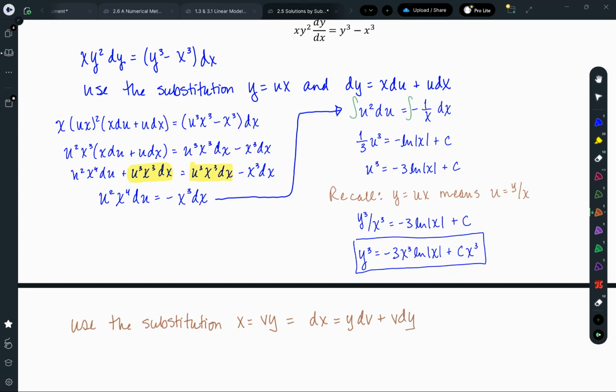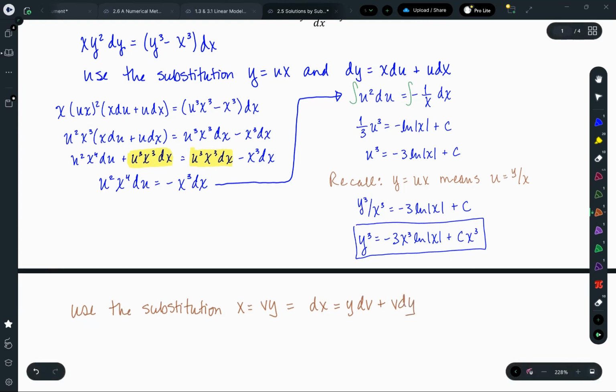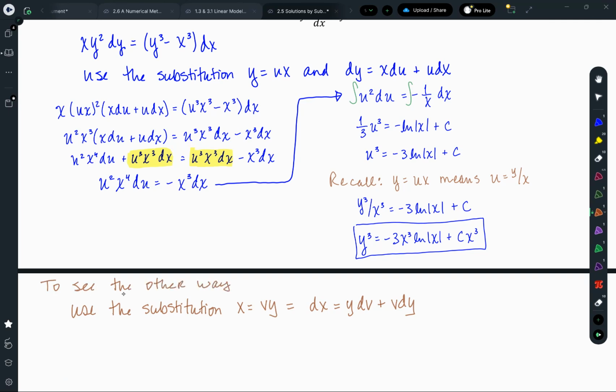These are my substitutions that I will plug in. So let me just label this. This is just to see the other way. This is not something you also need to do. This is so you see both ways.